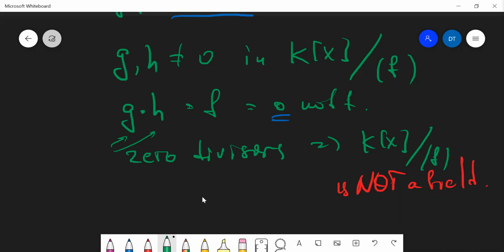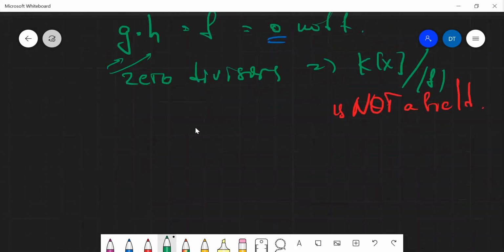This is the case number 1, when f is reducible. Again, suppose the case number 2, f is irreducible. Then the only thing we need to show is that each non-zero element of K[x] modulo f is invertible.